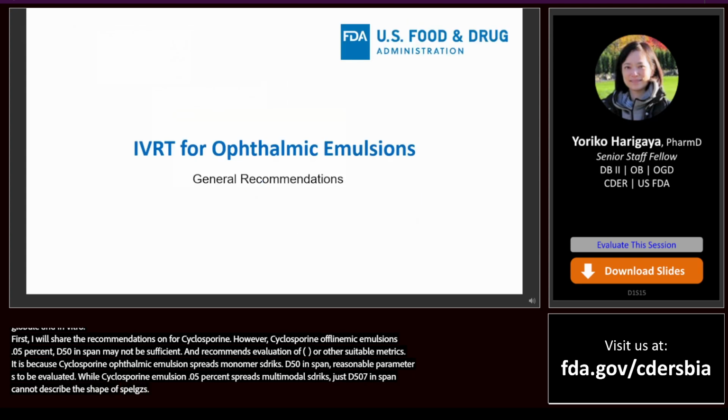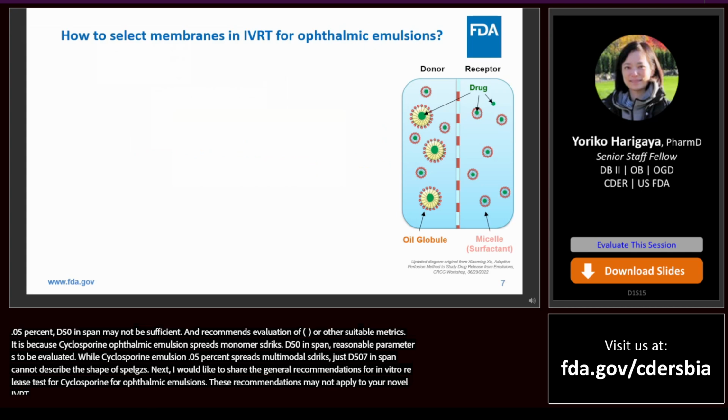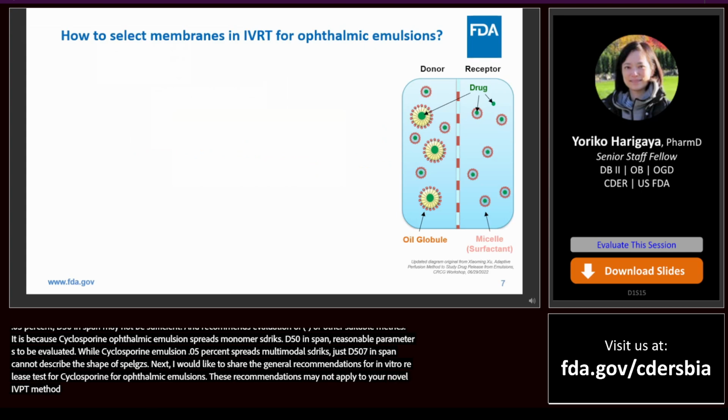Next, I would like to share the general recommendations for in vitro release tests for cyclosporine and difluprednate ophthalmic emulsions. These recommendations may not apply to your novel IVRT methods. How to select membranes for in vitro release tests?